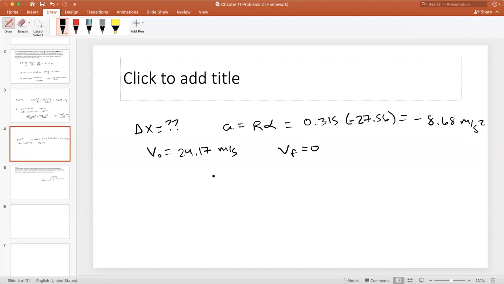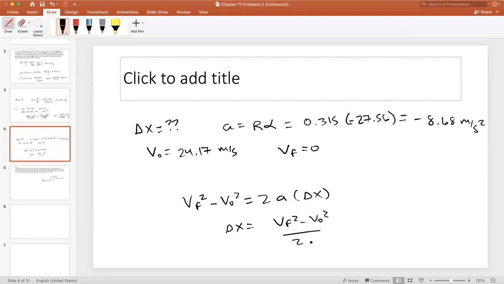And much like the equation we just used for angular, we can recall that for linear motion with constant acceleration, v final squared minus v initial squared is 2 times a times the change of x. And we're solving for change of x. Therefore, the change of x is v final squared minus v initial squared over 2a, noting that v final is 0 because we end up at rest.